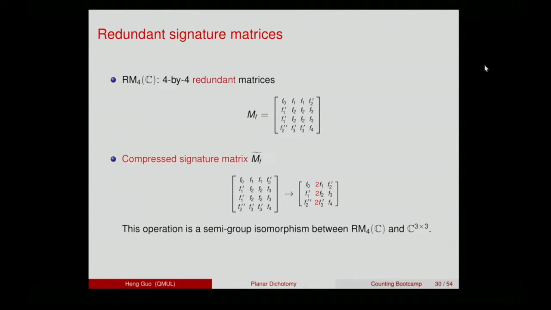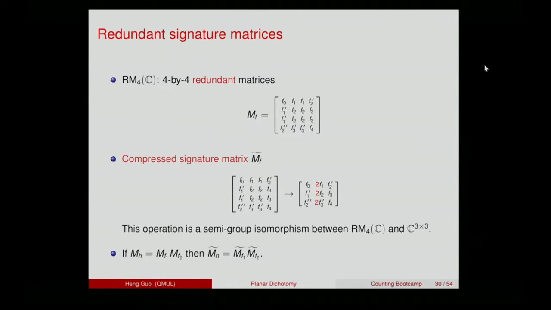Since it's redundant, we want to compress it. So we have this compression operation, which is to delete one of the redundant rows and delete the redundant column, and we put a 2 in the column. We need to put this 2 because we want to maintain a semigroup isomorphism. We want to preserve the multiplication.